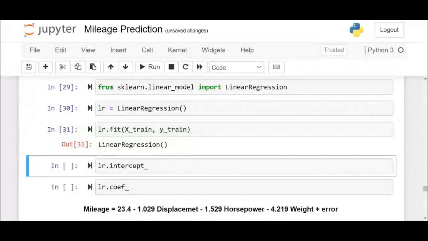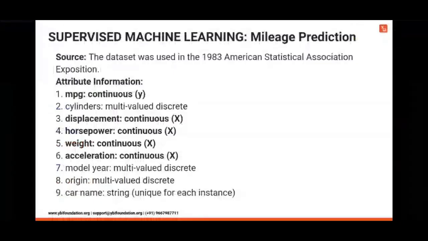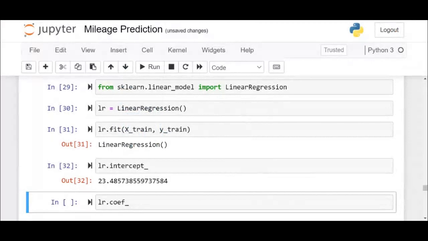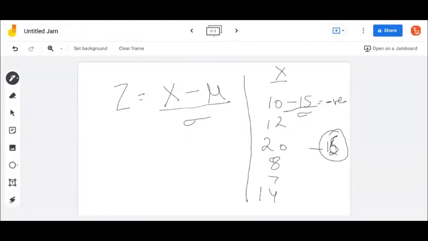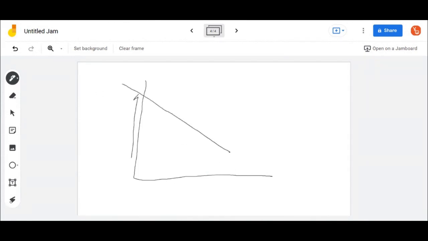Then we see what our intercept is. If we are fitting a line, this line will have an intercept and a slope, because this is how any line is defined. Say for example the line is like this, so it has some slope.